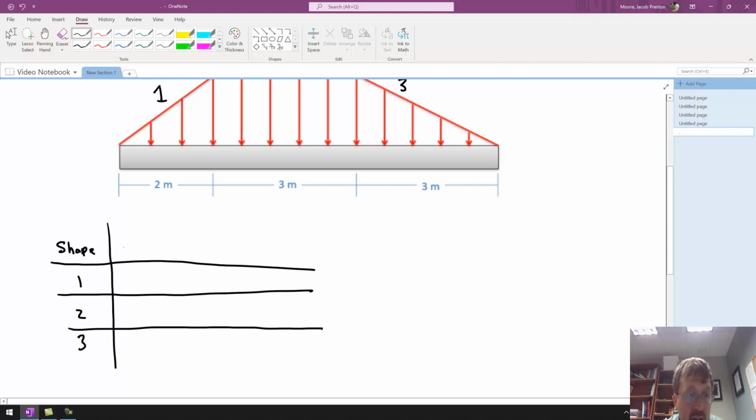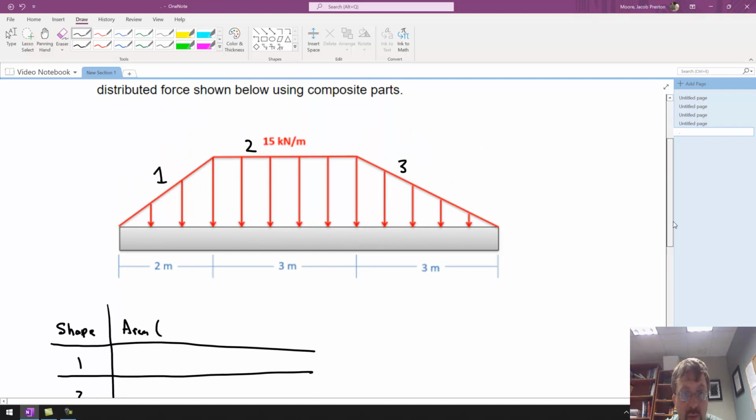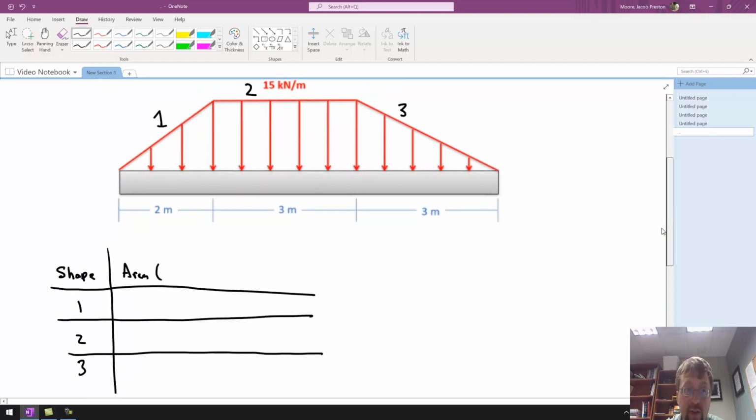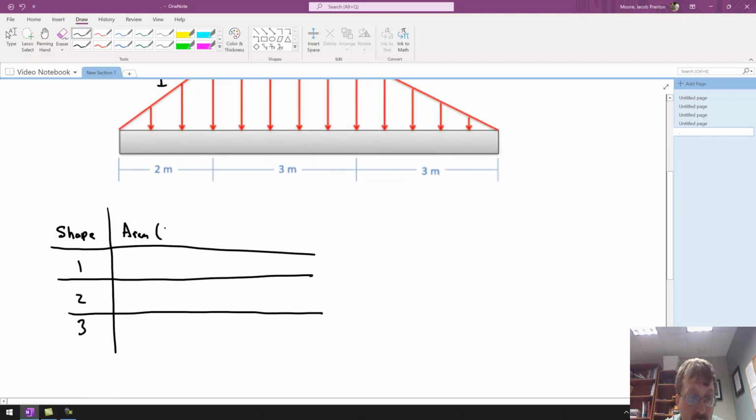For each shape, I need the area, which will be in units of kilonewtons, because it's meters for the width and kilonewtons per meter for the height, so kilonewtons per meter times meter gives you kilonewtons. I also need the centroid location of each piece, in meters, counting the 0 location as over here on the left.